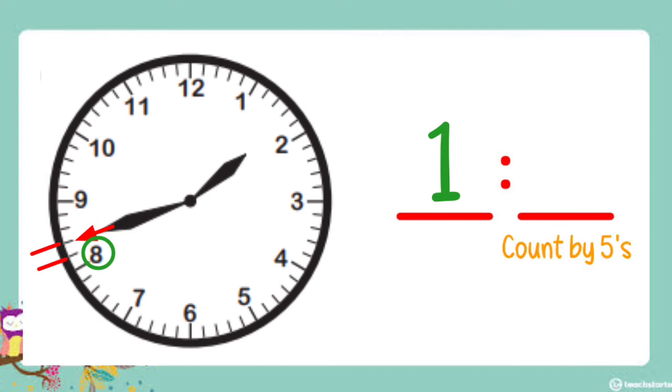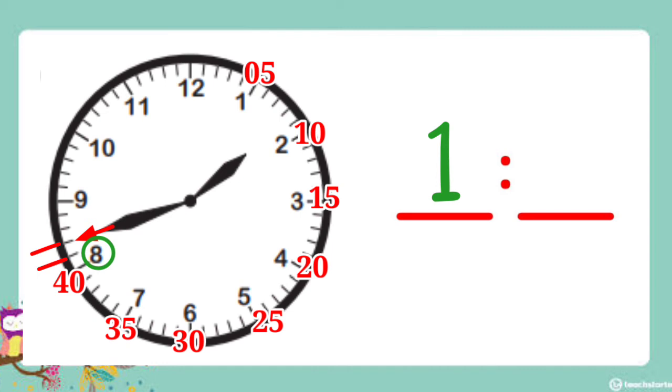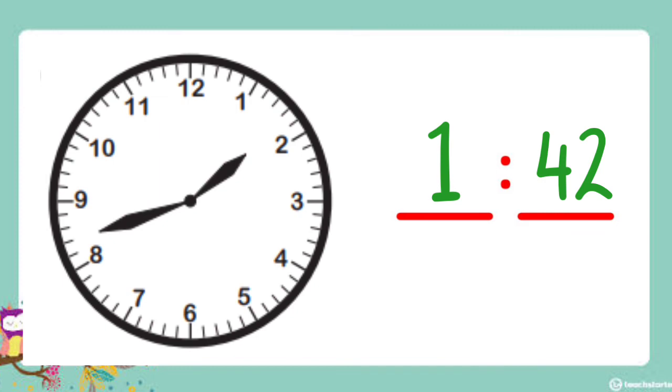Still, we have to count by 5s until we reach 8. 5, 10, 15, 20, 25, 30, 35, 40. It's 40. Let's put 40 here for a while. Then, since it went past 8 by 2 lines, we have to add 2 to 40. 40 plus 2 is 42. Therefore, the number of minutes shown on this clock is 42, and the time is 1:42.